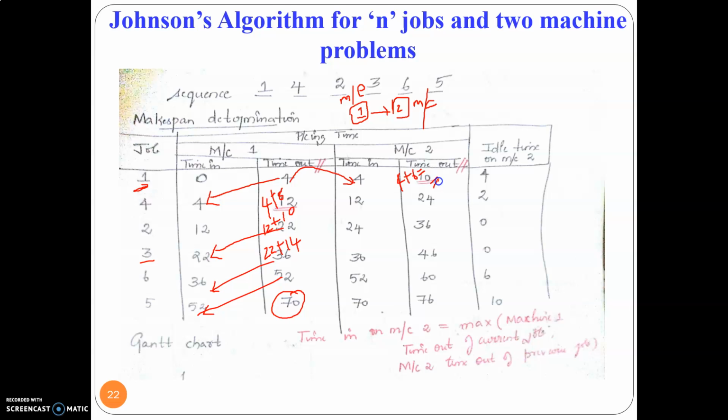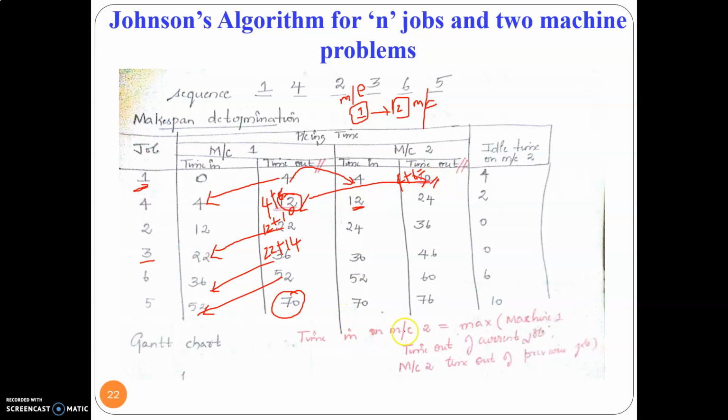Okay. But the next job, that is job 4, is available to enter mission 2 only at the end of the 12th minute. Okay. So job 4 is getting processed in mission 1 until 12 minutes. Even though mission 2 is free at the end of the 10th minute, the next job is available only at the 12th minute. So you have to compare these two times and write out which is maximum.